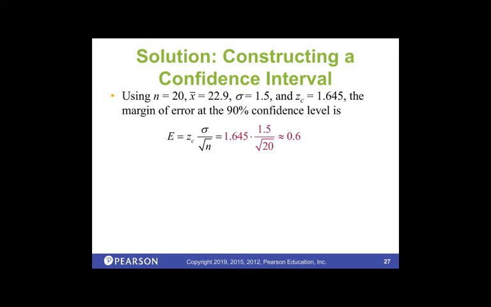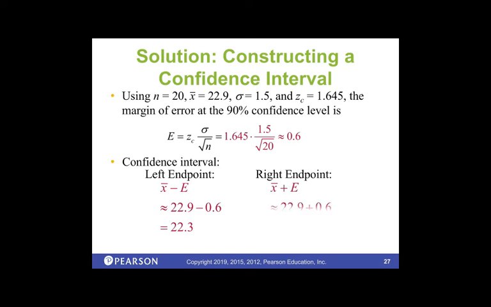You plug in your numbers and we get a margin of error of 0.6. So then for the confidence interval, we want the left endpoint and the right endpoint, so we say the sample average plus or minus E. So 22.9 minus 0.6 is going to give us 22.3, and 23.5 for the right endpoint. Okay. So we have a 90% confidence level that the population average is between these two values.